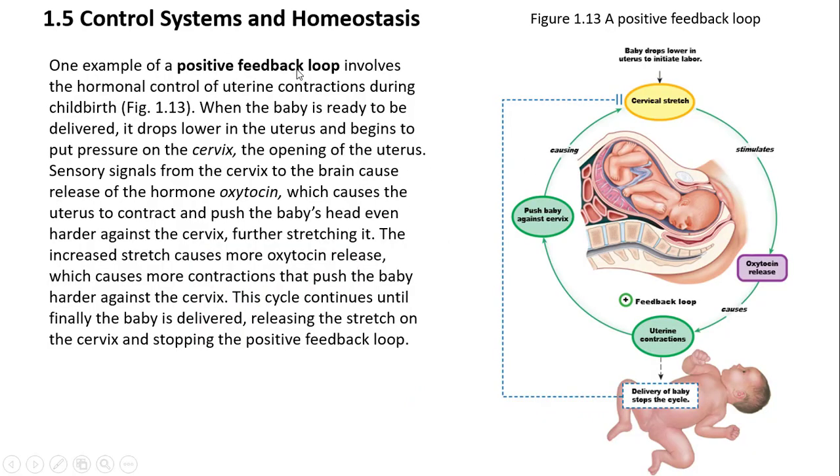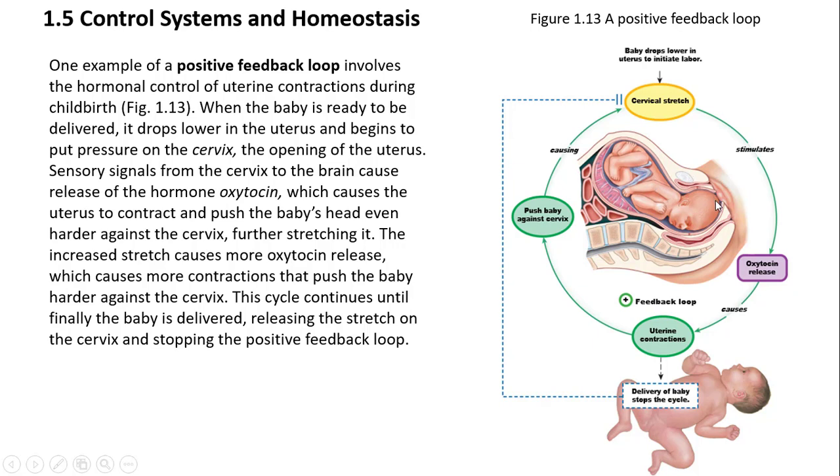So the classic example of a positive feedback loop involves the control of uterine contractions during childbirth. When the baby is ready to deliver, the head of the infant pushes down on the cervix. That pressure leads to the activation of sensory neurons. These send sensory signals to the brain that cause the release of the hormone oxytocin, which causes the uterine muscles to contract very forcibly.